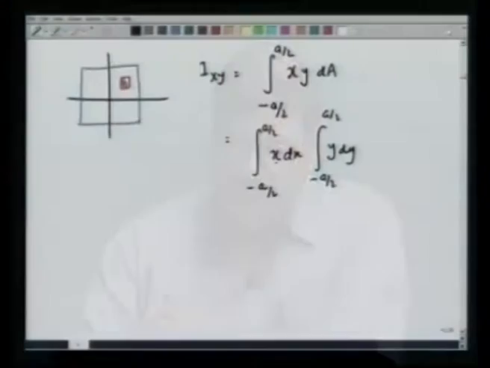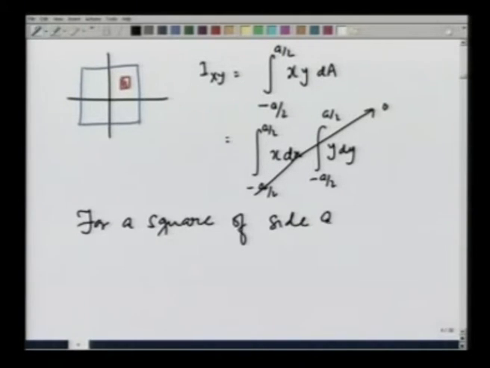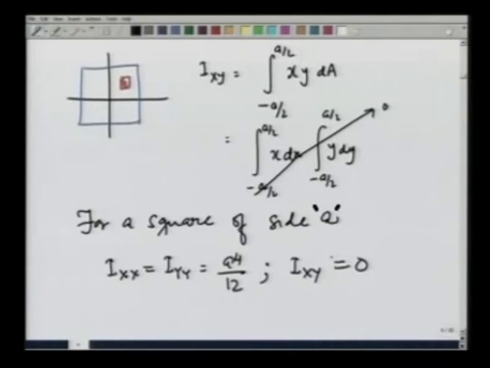By antisymmetry of the functions x and y, this goes to 0. So for a square of side A, Ixx equals Iyy equals a raised to 4 over 12, and Ixy equals 0.